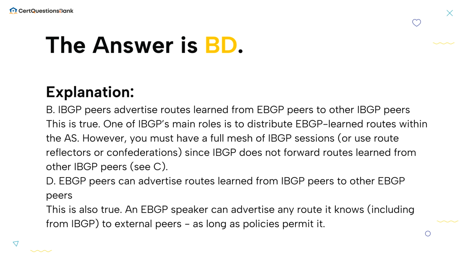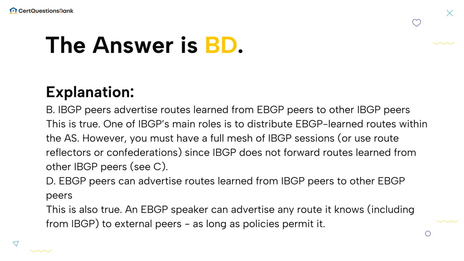B. IBGP peers advertise routes learned from eBGP peers to other IBGP peers. This is true. One of IBGP's main roles is to distribute eBGP learned routes within the AS. However, you must have a full mesh of IBGP sessions, or use route reflectors or confederations, since IBGP does not forward routes learned from other IBGP peers.